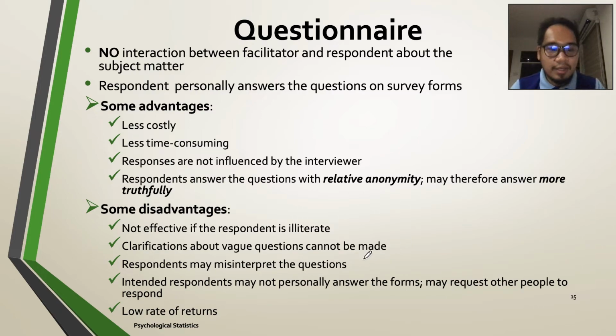Respondents may misinterpret the questions, especially if your questions are quite vague in the first place. That is why, especially if the questionnaire is researcher made, we need to go through what we call the process of validation and reliability testing.